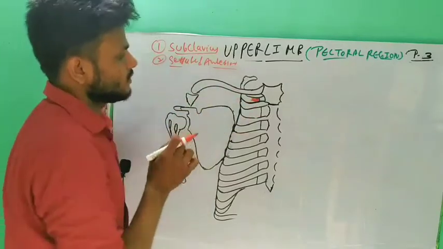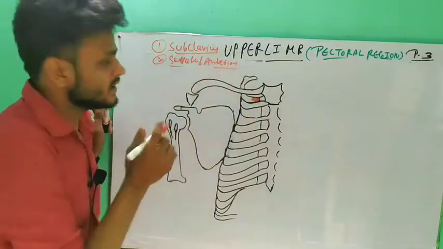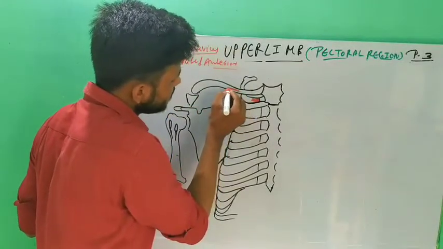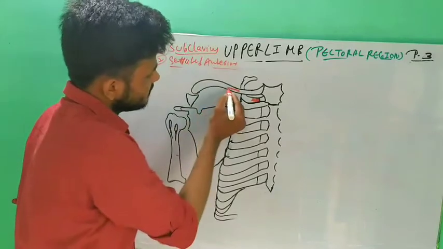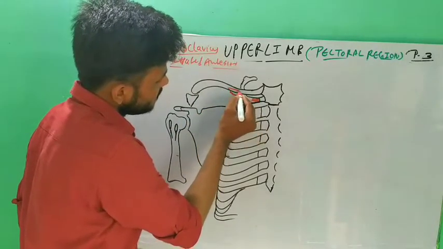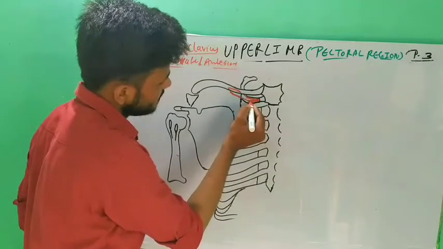And where is the subclavian groove? It is in the middle 2/3 of the clavicle, on the inferior surface, here. There is a groove, and the subclavius muscle is inserted into this groove.